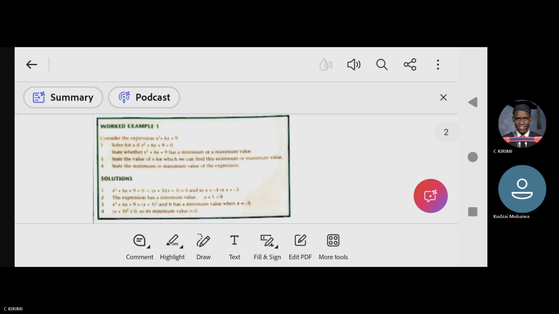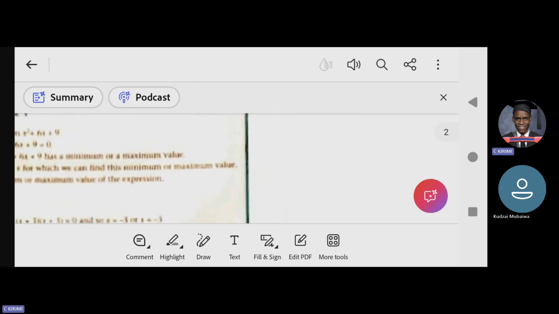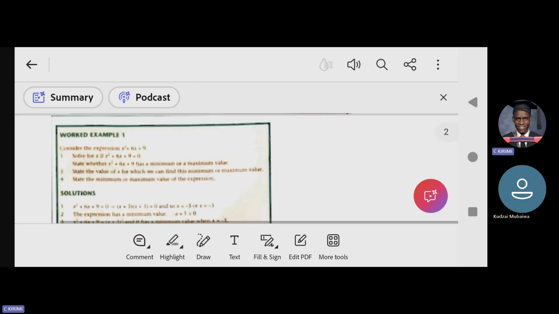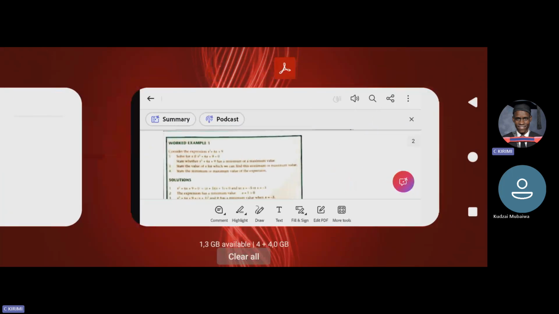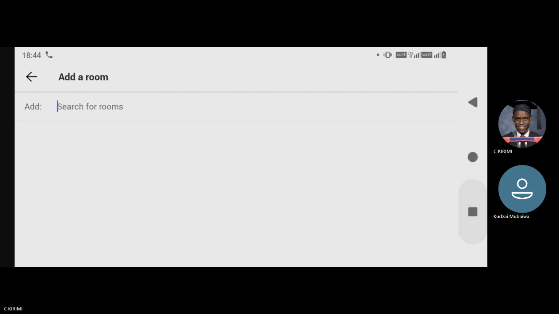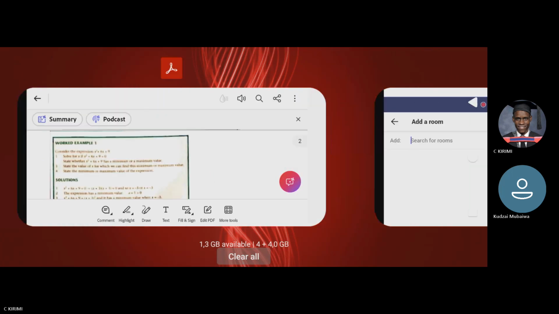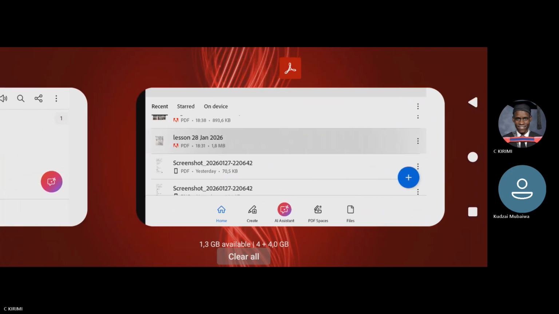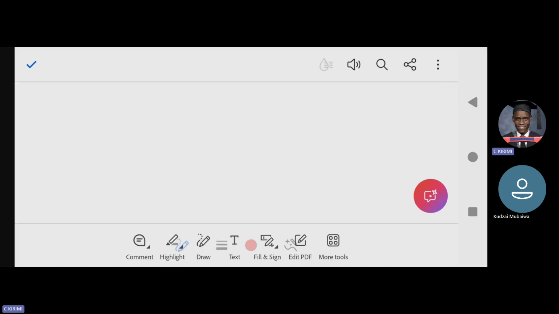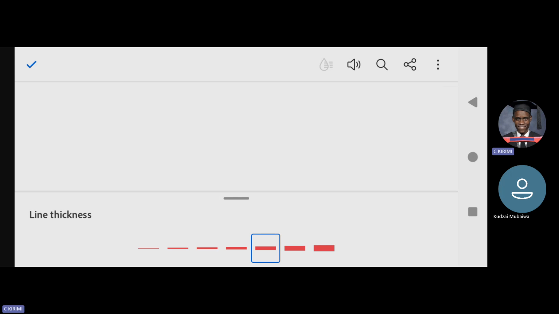Yes, sir. Let me write it down here. Let me zoom it a bit, which is x squared plus 6x plus 9.